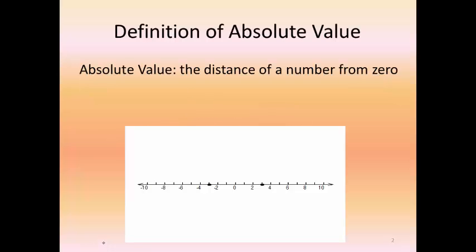So we're going to start with the definition of absolute value. And here's our absolute value definition. Very simple. The distance of a number from zero. Another way to say this, and this is a different way to kind of get our head wrapped around it, is the distance between a number and zero.